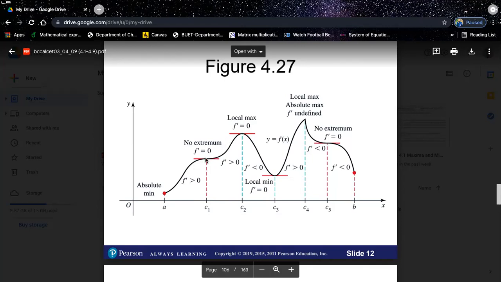It doesn't really change sign. In fact, we can easily see that we don't have any min or max, so there are no extreme values here. And that's what the statement says, right? Let's check the next one.